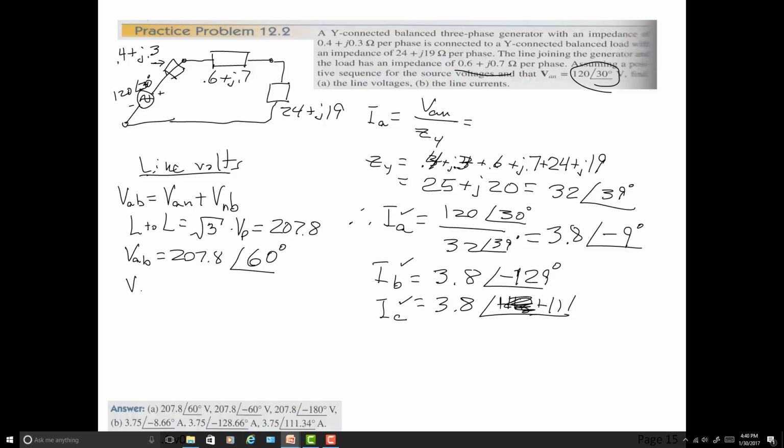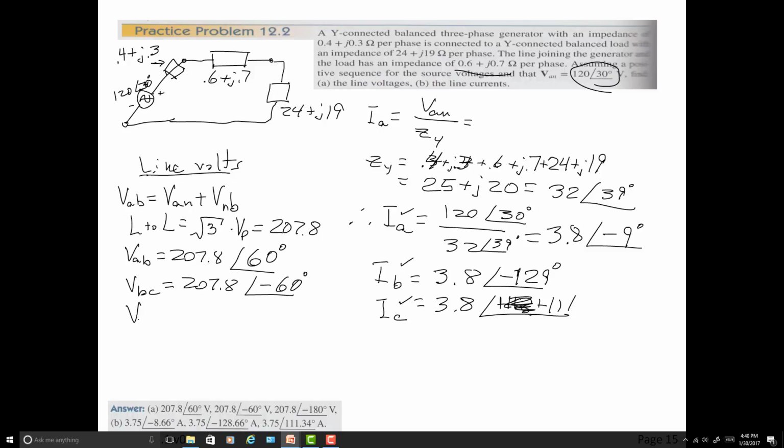Okay? Then VB to C is 207.8 at an angle of, probably this is going to be minus 60. A to B is 60, B to C is minus 60. And again, just go back to the drawings and you'll see these.